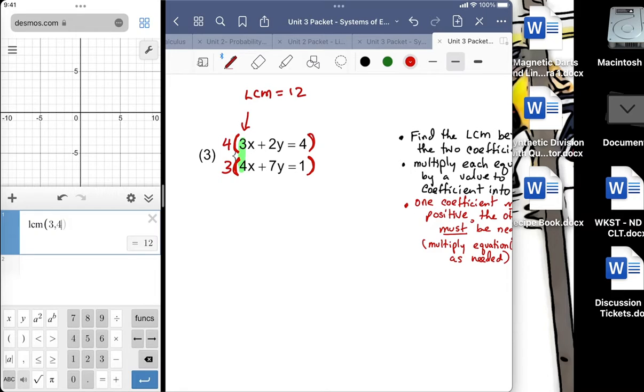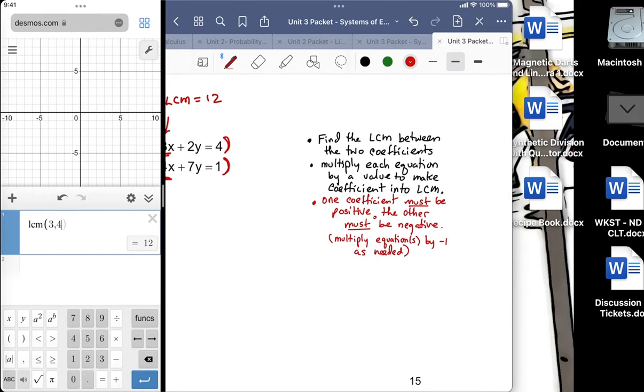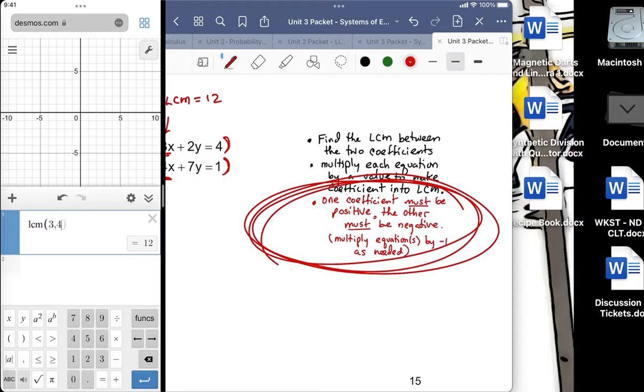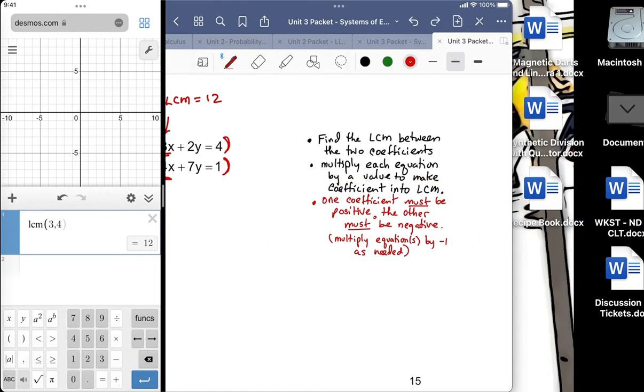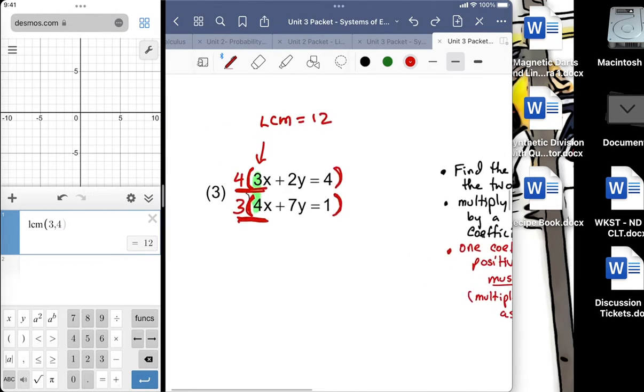One sec. We need to make sure one of them's negative, because we'll get the 12 out of this. So 4 times 3 is 12, 3 times 4 is 12. If they're both positive, that doesn't do us any good. That's where that last condition comes into play. One coefficient must be positive and the other must be negative, so we multiply one or more equations by a -1 as needed.